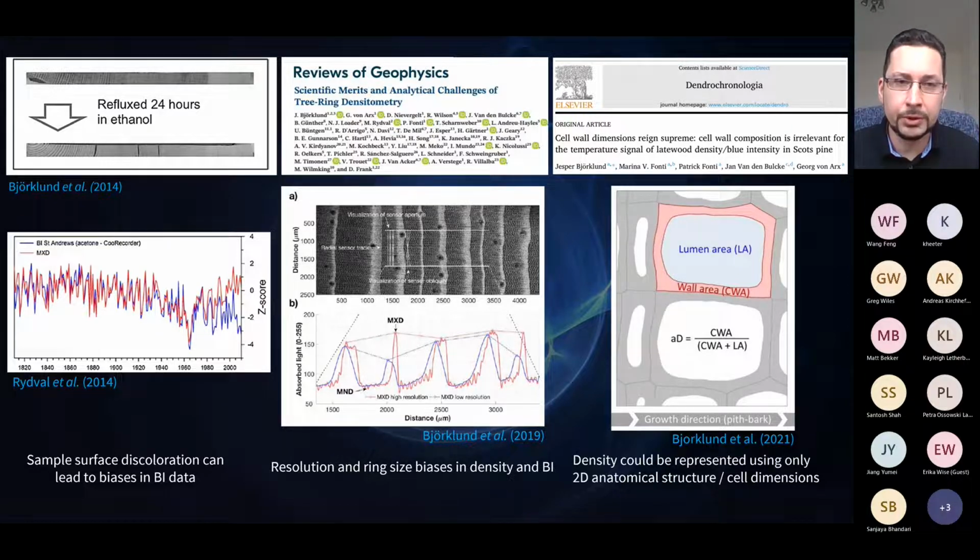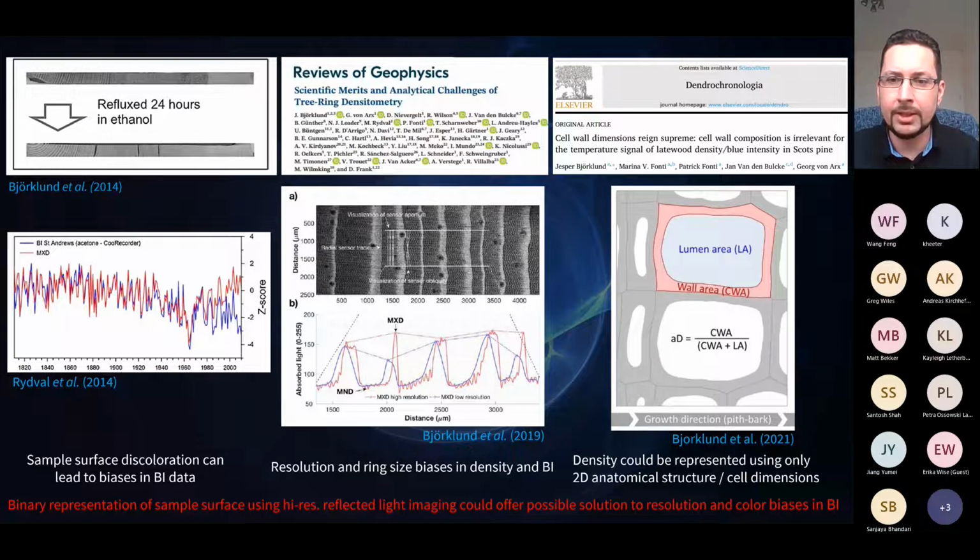When we're interested in maximum latewood density, finding that point of highest density, the sensors are not precise enough, or the resolution isn't high enough, to detect those peaks in density, particularly in very narrow and very small rings. So that's another limitation that's more related to resolution.